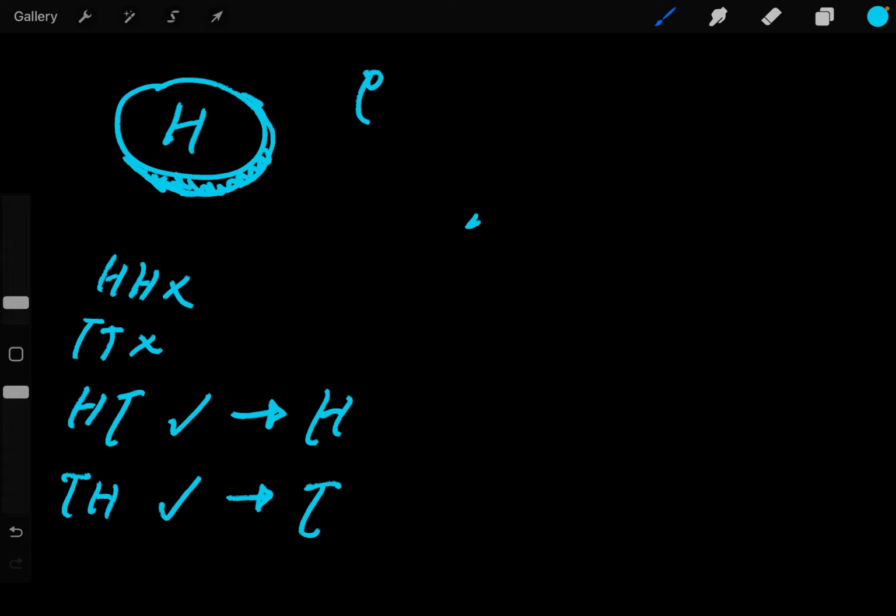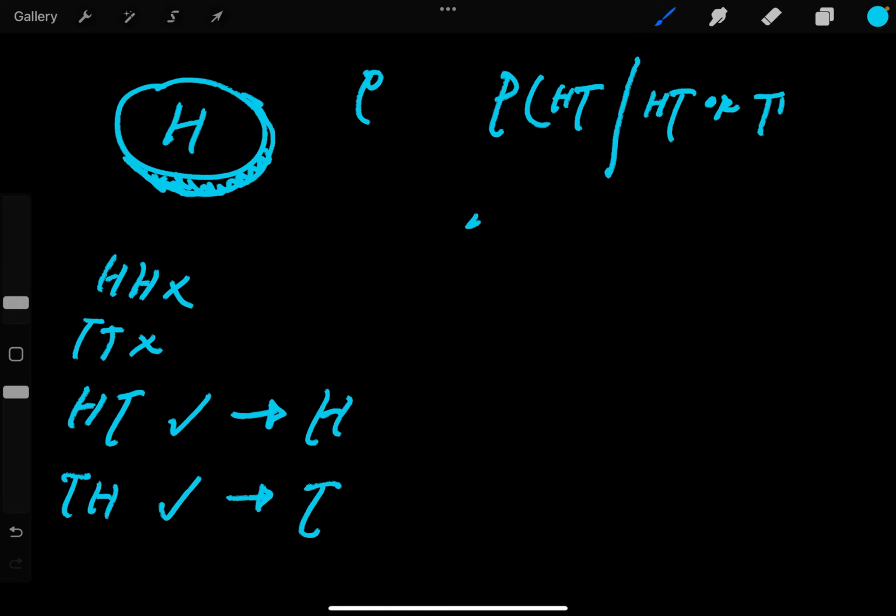We flip it twice, and we keep doing this. And I tell him that this will simulate a fair coin. And you should convince yourself that this actually will be a fair coin by the argument I just made. Because it's essentially the probability of a heads, tails, given that we have a heads, tails, or a tails, heads.